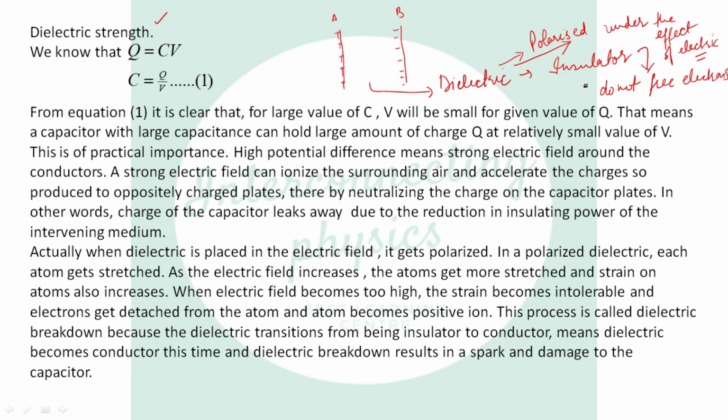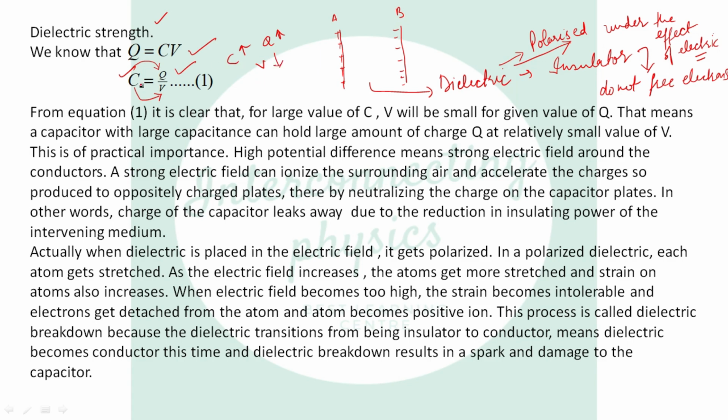Now, what is dielectric strength? You know Q equal to CV and C equal to Q over V. It means if capacitance is large, the capacitor can store a large amount of charge at a small value of voltage, because the relation between capacitance and voltage is inverse. If C is high, Q will be high, but voltage will be small.